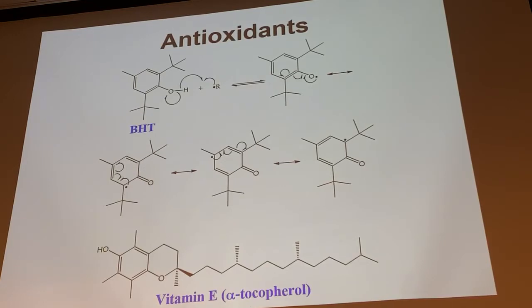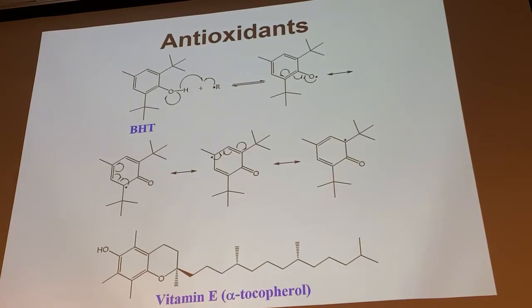But what happens when BHT encounters a radical, that radical can abstract the hydrogen atom on the oxygen, extract this OH hydrogen. And what we get when we do that is a highly resonance stabilized radical.